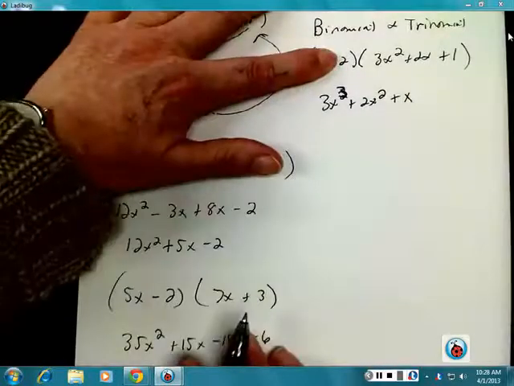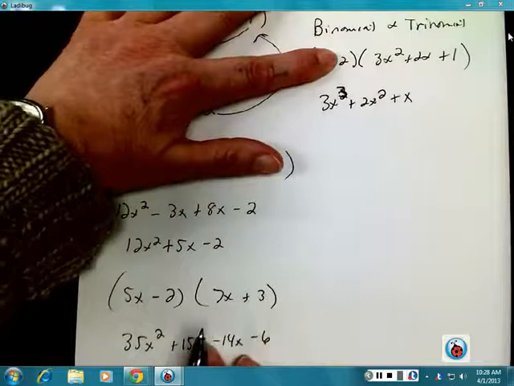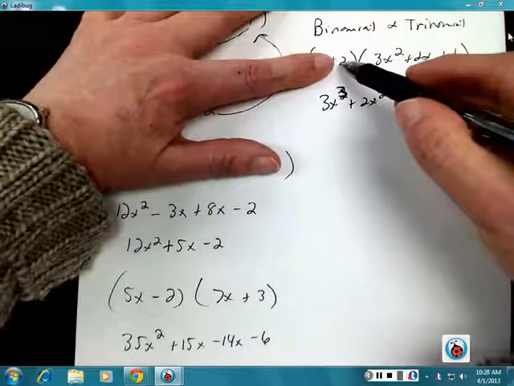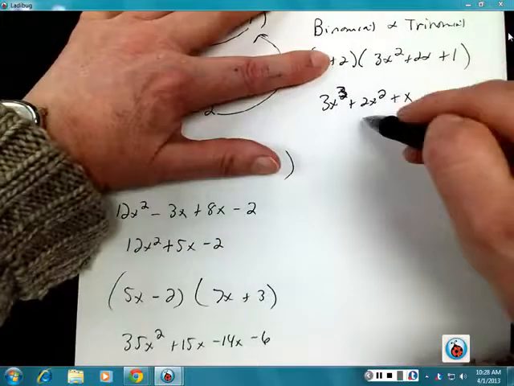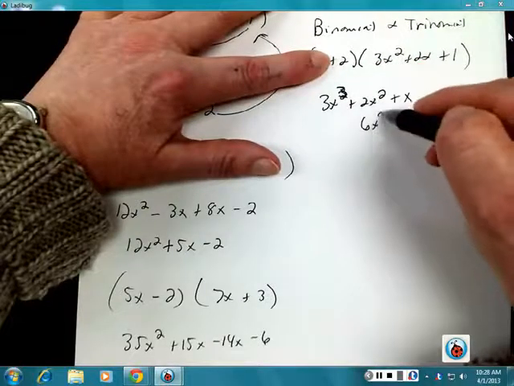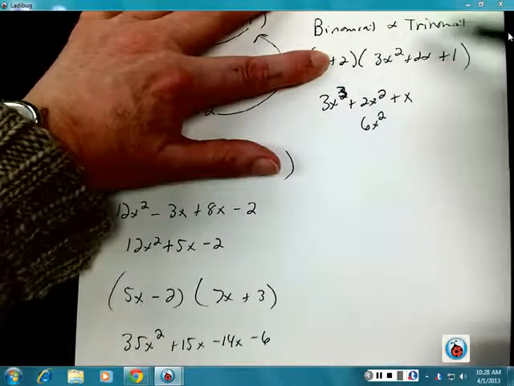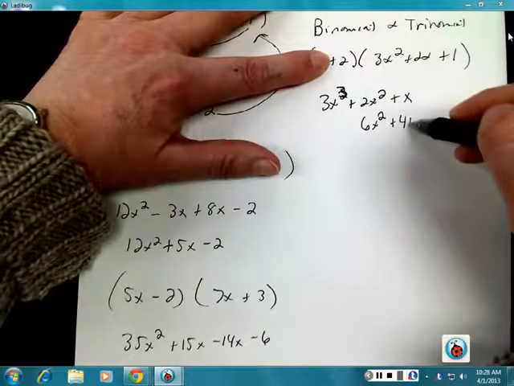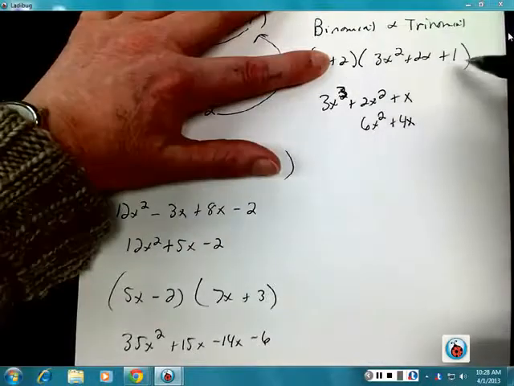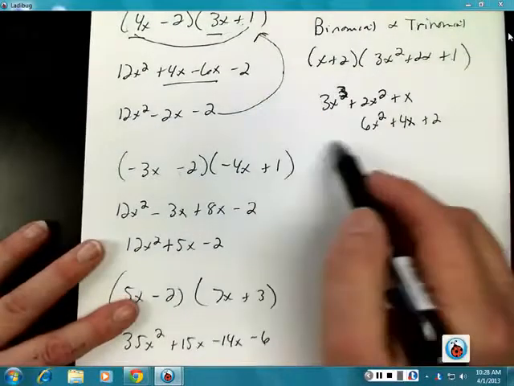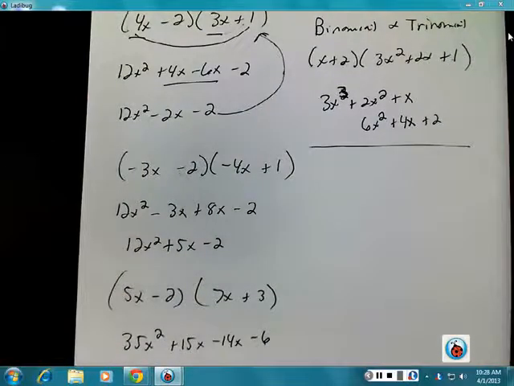Then go through and multiply 2, and if you want, instead of doing it in a big long line, you can take your 2 times your 3x squared, write that underneath your other x squared. 2 times 2x is 4x. 2 times 1 is 2. And now because I've distributed everything in there, I can line that up and add up my pieces that match.